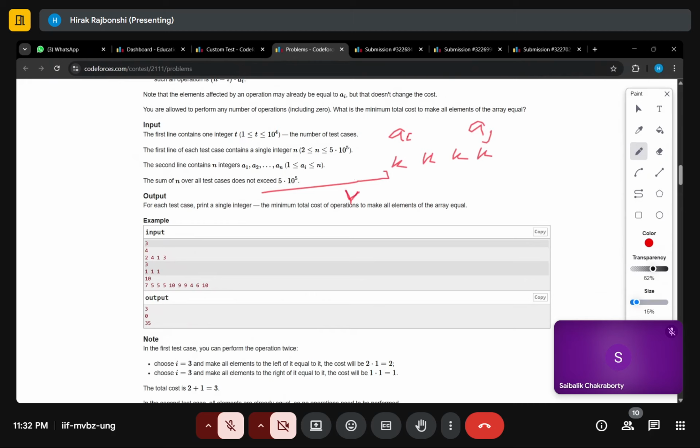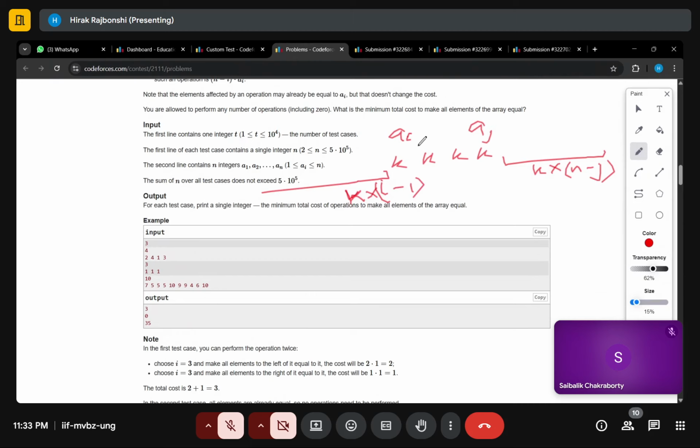This will cost us k into i. Then again for the elements to the right of j, the cost is k into the number of elements, which will be n minus j, or n minus j minus 1 if one-based indexing.